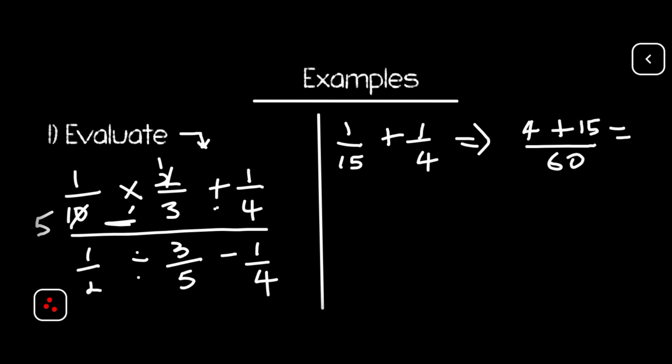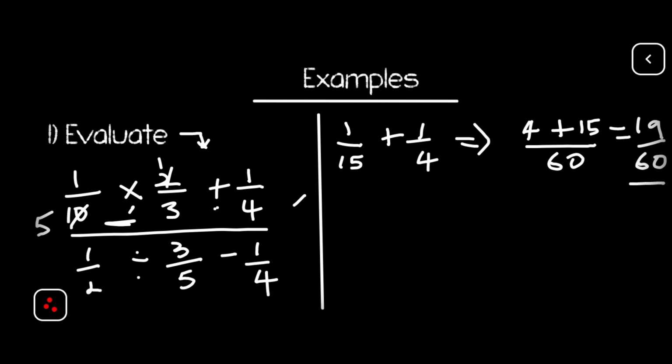So we have 19 over 60 when we sum it. You notice we're through with the top part. The top part is done. Now the lower part, so we'll just put it over here. The lower part is 1 over 2 divided by 3 over 5 minus 1 over 4.